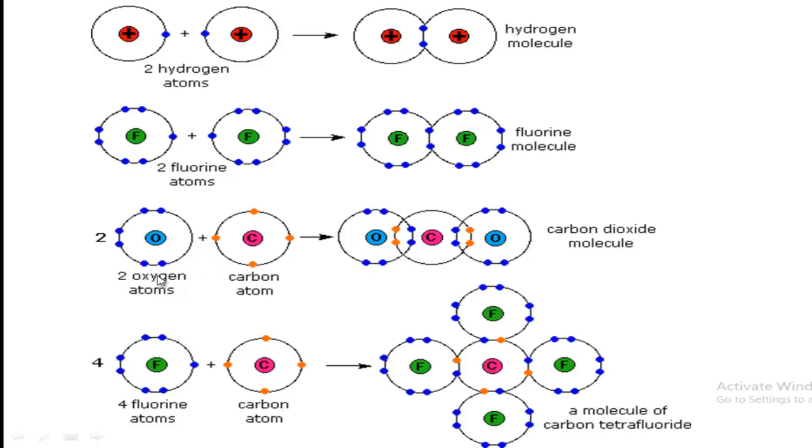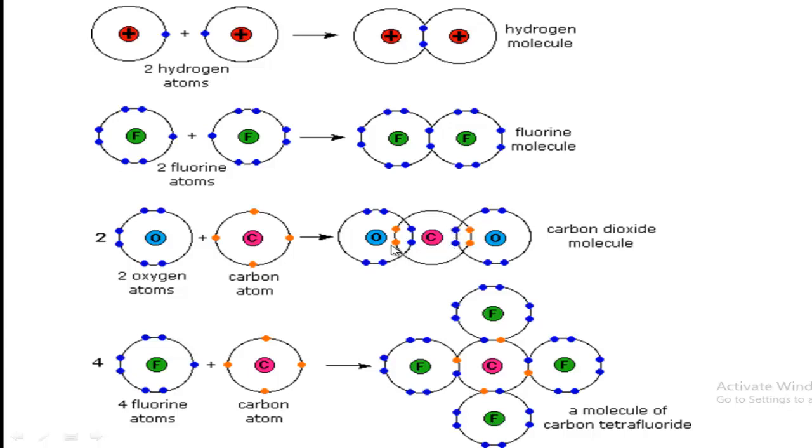And here the carbon dioxide molecule, with 1 atom of carbon and 2 atoms of oxygen. We know that there are 4 electrons in the outermost shell of carbon. So here 2 atoms of oxygen share their 2 electrons each with the electrons of the carbon atom.